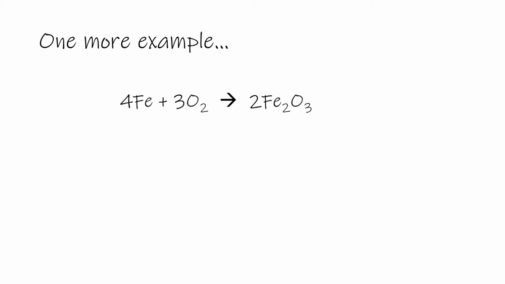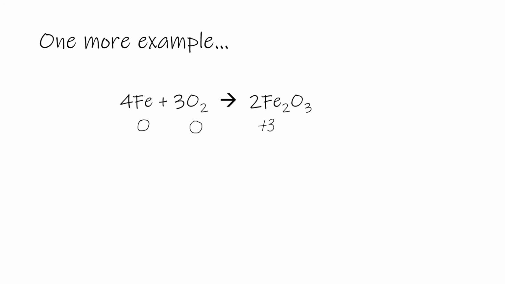Okay, one last example. We have iron reacting with oxygen to produce iron(III) oxide. And so the first thing that we need to do is to assign oxidation numbers. Iron is by itself in its elemental form, so is oxygen. Over here in our iron oxide compound, you may need to go through and look at the charge of the oxide and how many there are to find the charge on iron.